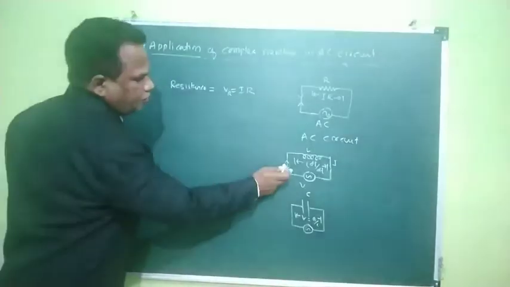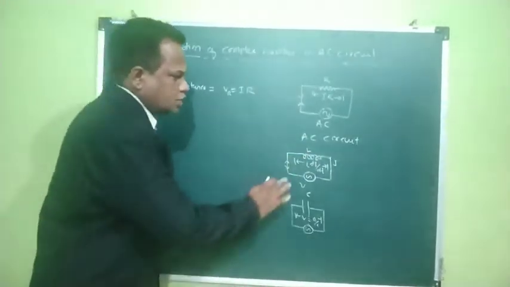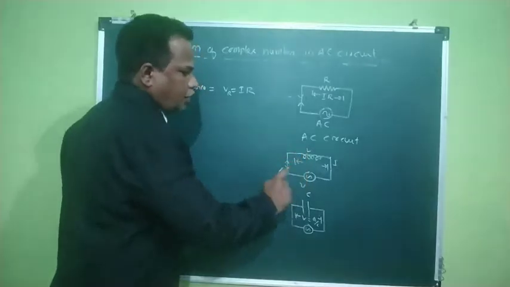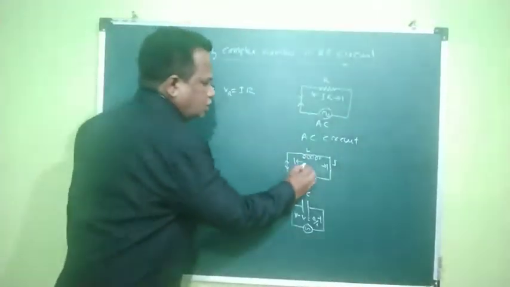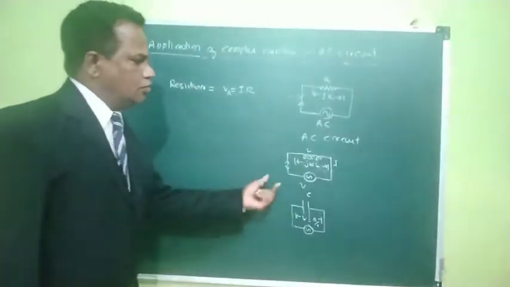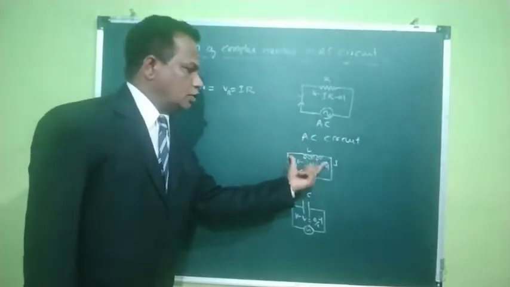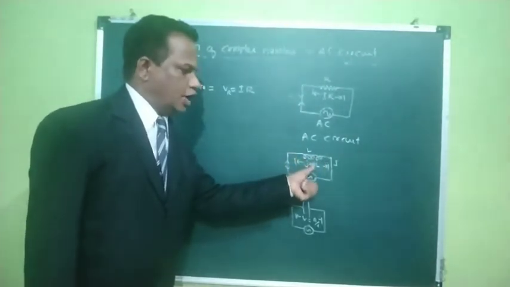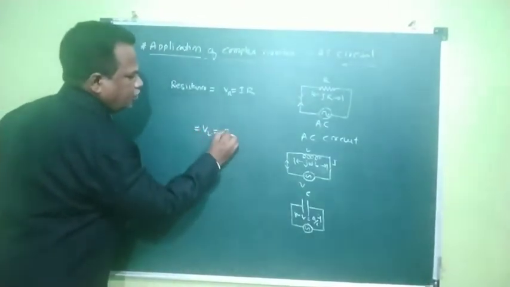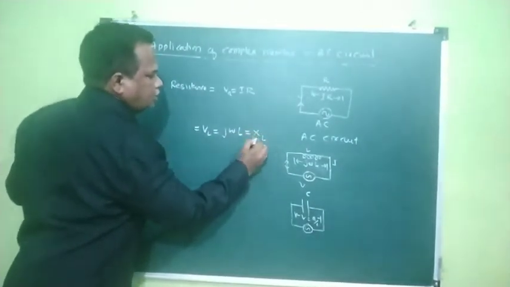Now the same case is considered for inductance. What will happen? L is the inductance. We do not consider the voltage simply, but consider voltage in terms of complex numbers. So here the complex number is given by j omega L. By using the complex operator, one can judge that the voltage across this inductance is given by j omega L. It is also called the reactance XL.